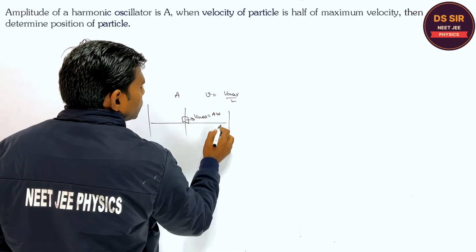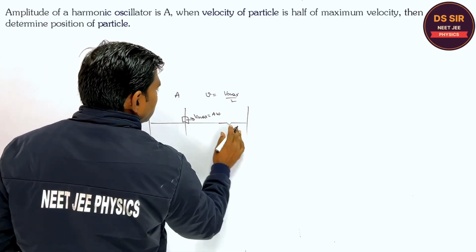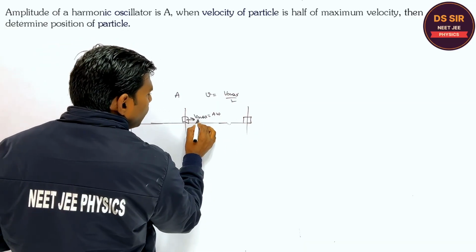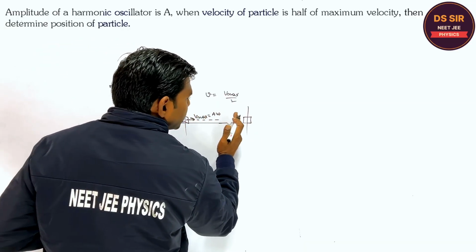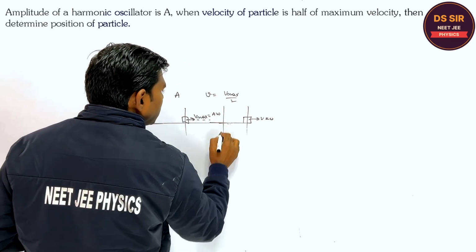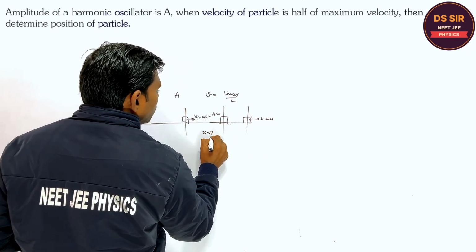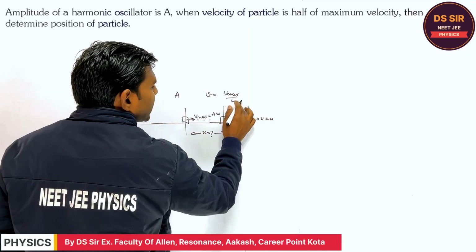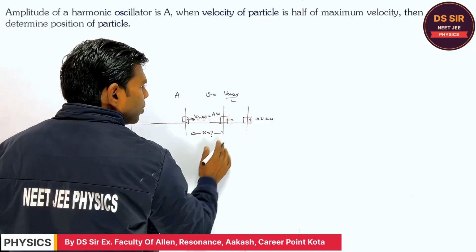A omega. At the extreme position, suppose this is the extreme position, when it is moving away, the velocity is decreasing and it becomes zero. So they are asking the position of the particle when the velocity is half of the maximum velocity. Is it clear or not?